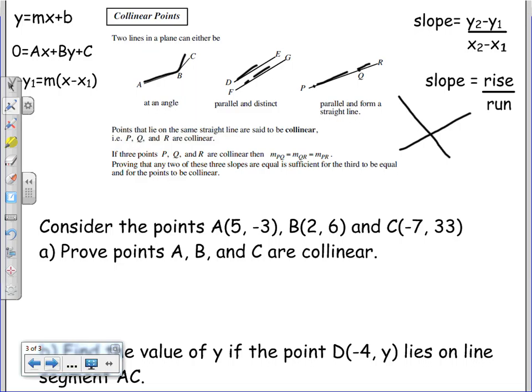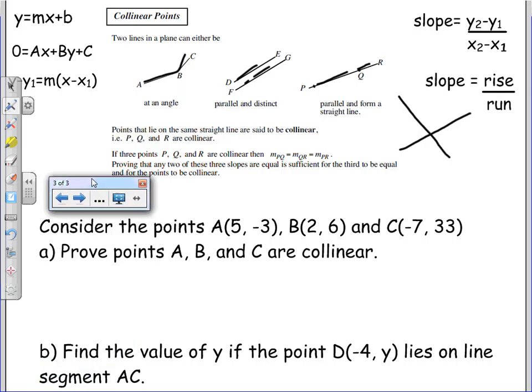Let's consider points A, B, and C. Prove that they're collinear. How do you prove that they're collinear points? Collinear.